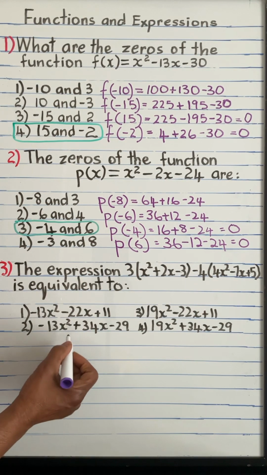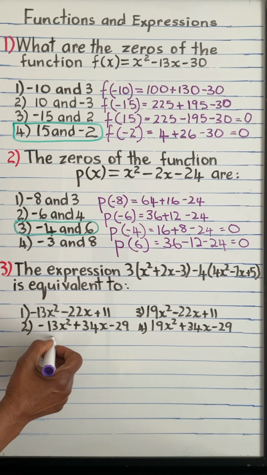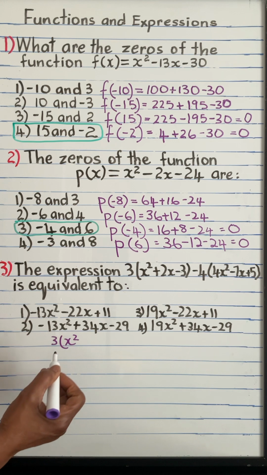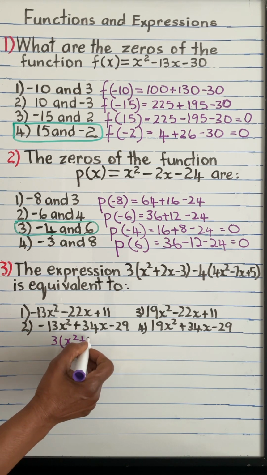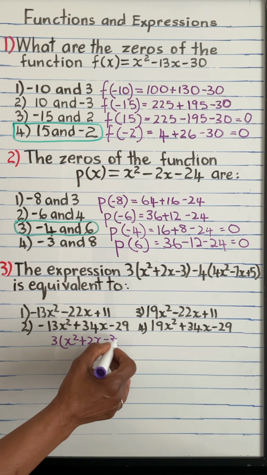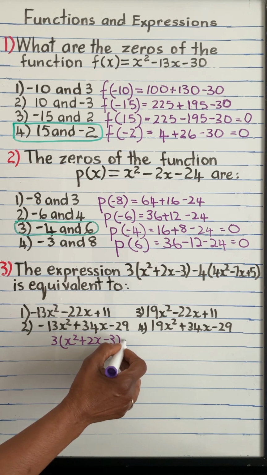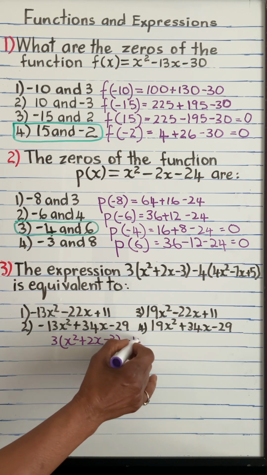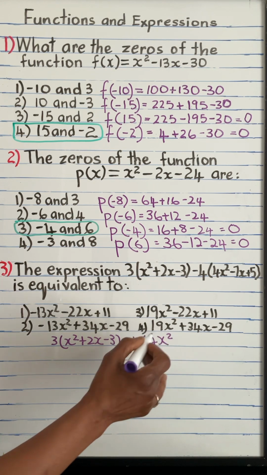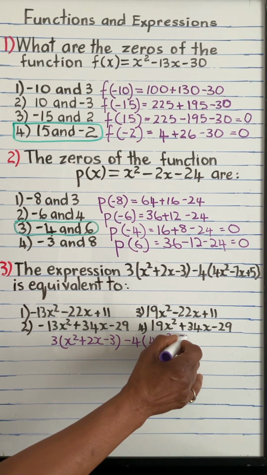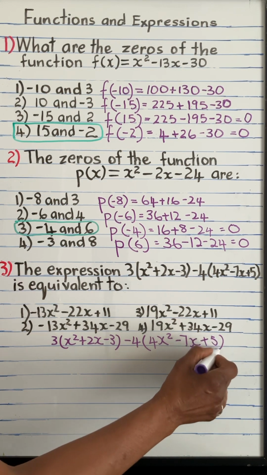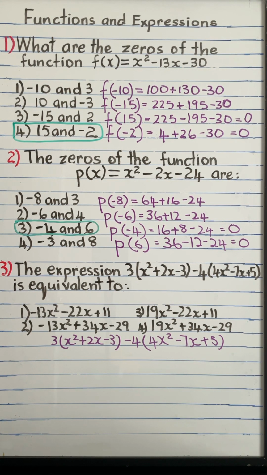So let's rewrite 3 times x squared plus 2x minus 3 minus 4 times 4x squared minus 7x plus 5. Let's go ahead and simplify that.